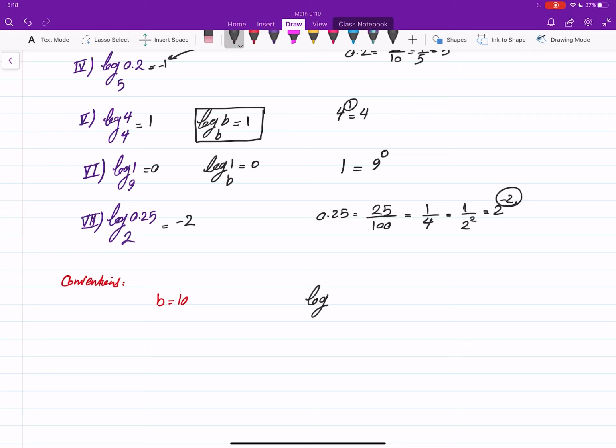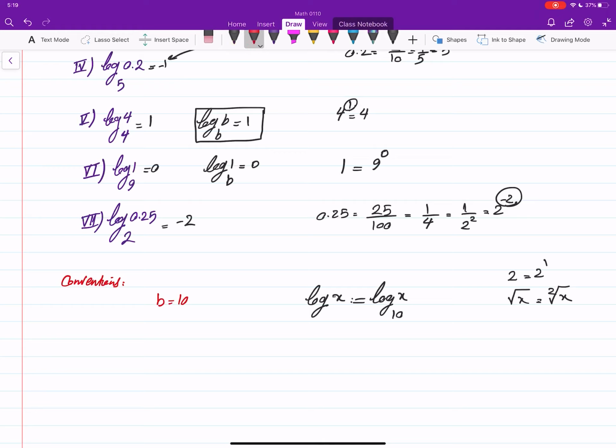So log of anything without a base means that we are choosing the notation log base 10. This is like when you don't write any power, it means to the power 1, or when you don't write any degree of radical, it means that it is 2, and so on. So here, if you don't write any base, it means 10.